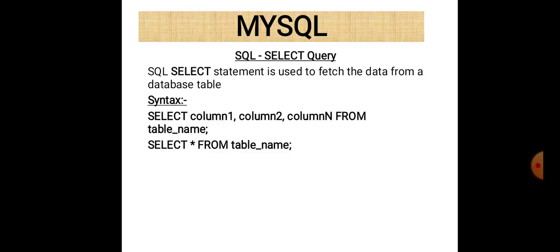So using the select statement, you are able to show the data in your SQL. First of all, just write select, after that the column name of any table which you want to show on your screen, and then the from keyword, and then the table name. In this way you are able to show the result related to a particular table.